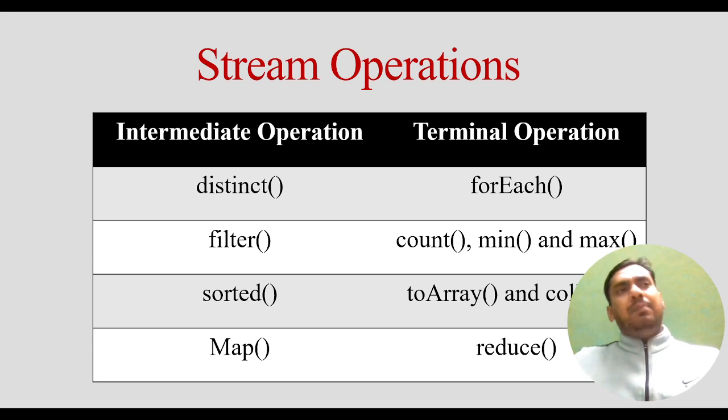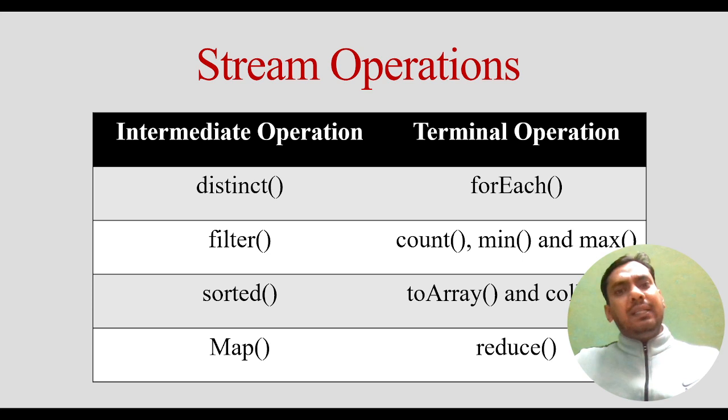But there is an important point here. Some collections may not support the parallel stream. So if you are trying to create a parallel stream but it is not supported, you will not get any kind of error, neither a compilation error nor a runtime error.